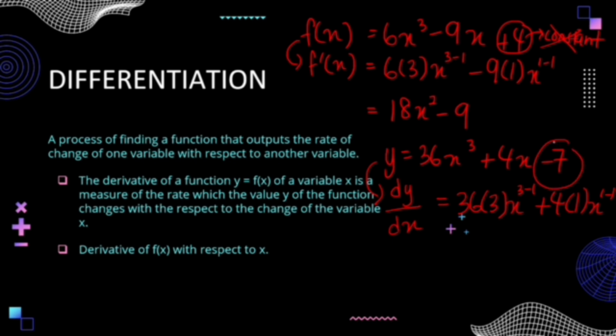Here again, this is a constant, so if it's constant we need to ignore it. So it's going to be 108x squared plus 4. See, it's easy. So that is the basic of differentiation.